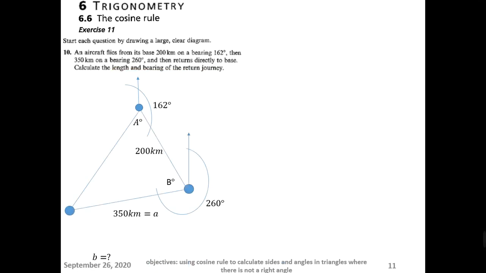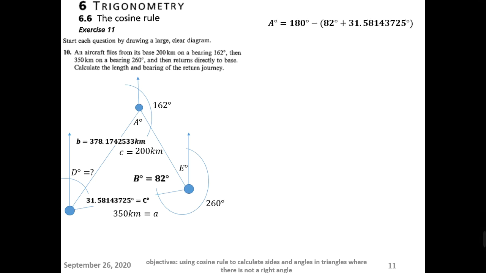Always place the numbers that you find in the diagram. So what we found so far is angle B, which is 82, side B, which is 378, and angle C, which is 31.6 degrees. Now, we are going to find angle A. We have two angles, B and C, known, so we're going to find angle A. A, B, and C are angles in a triangle, and angles in a triangle add up to 180.